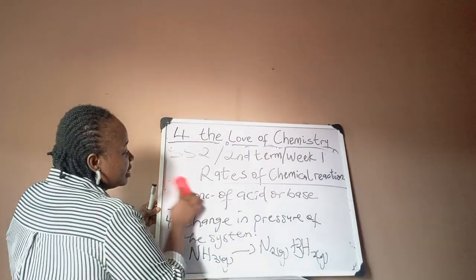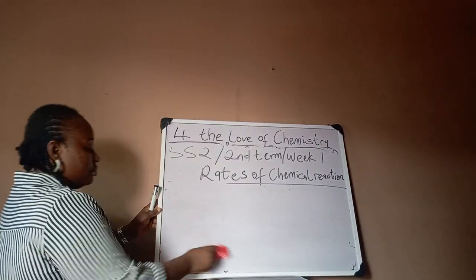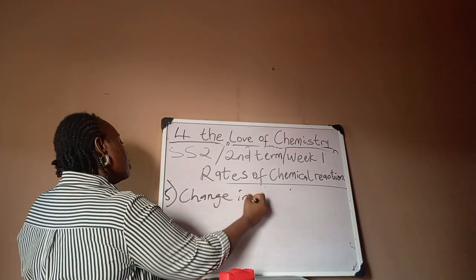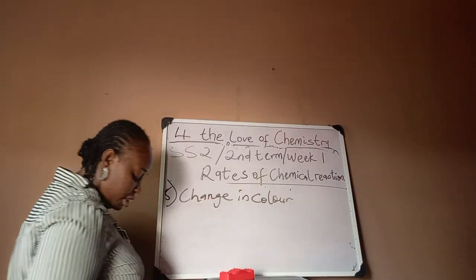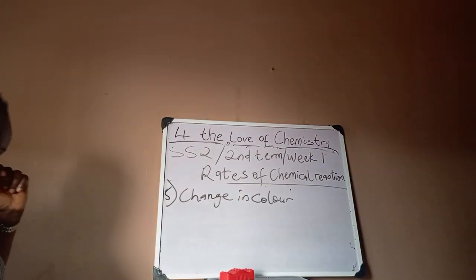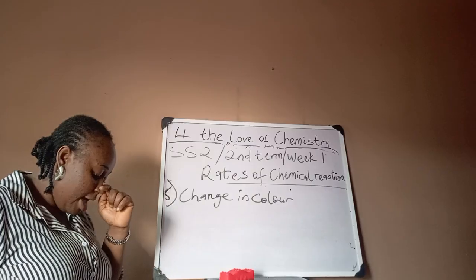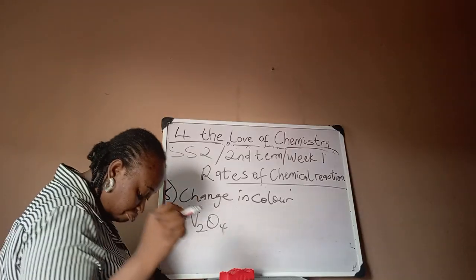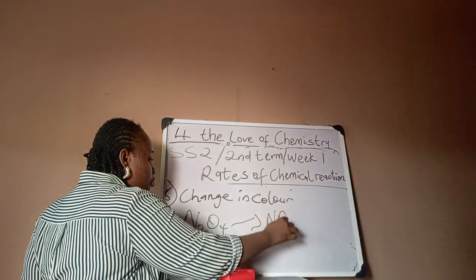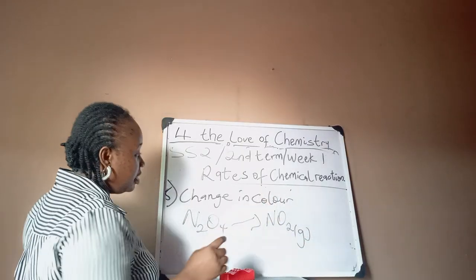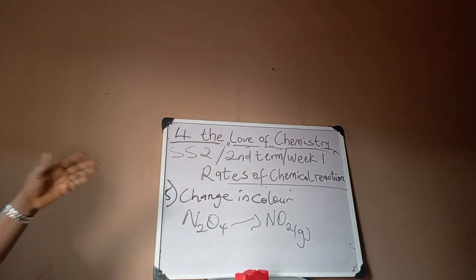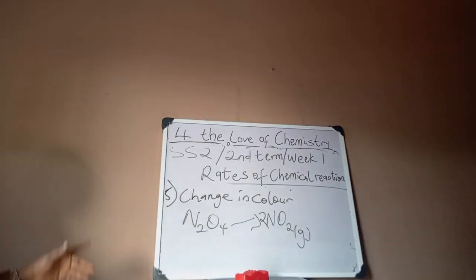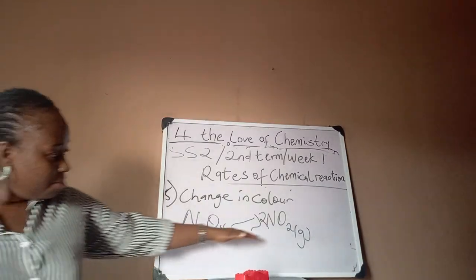Then another way is change in color. For instance, we have the decomposition of dinitrogen tetroxide. Dinitrogen tetroxide is colorless, decomposing to give you nitrogen dioxide, sorry, dinitrogen tetroxide decomposing to give you nitrogen dioxide. This one is colorless, but this is brown.